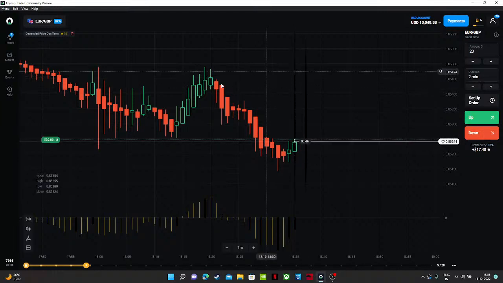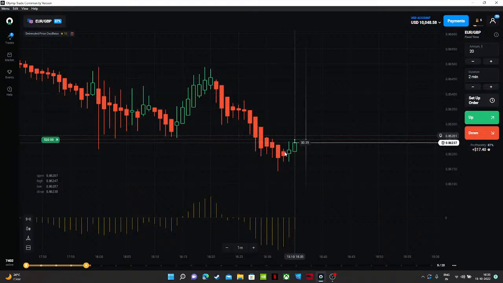We can see that previously there was a series of red candles, and now the candlestick has changed its color and a green candle has appeared, which is followed by another green candle. So whenever the candlestick is changing its color in Heiken-Ashi candlestick type, we can enter into a trade. For example, we have entered into an upside trade here because the Heiken-Ashi candle changed its color.